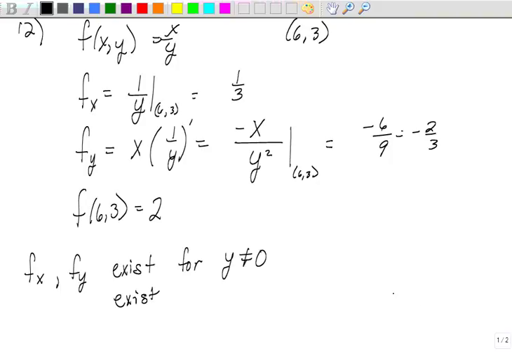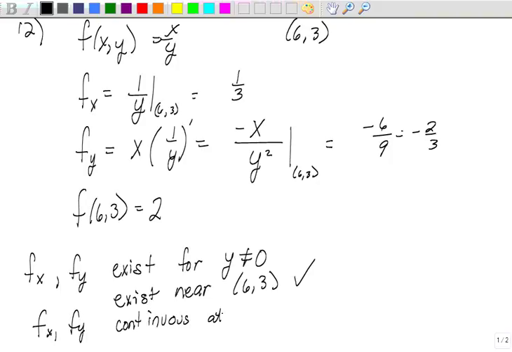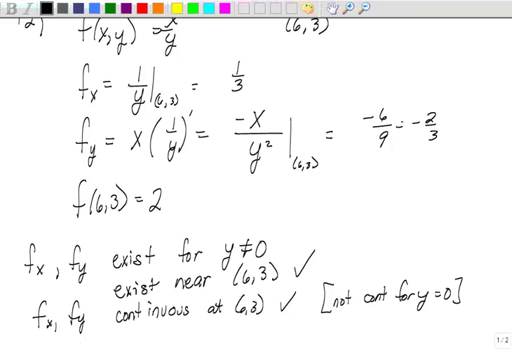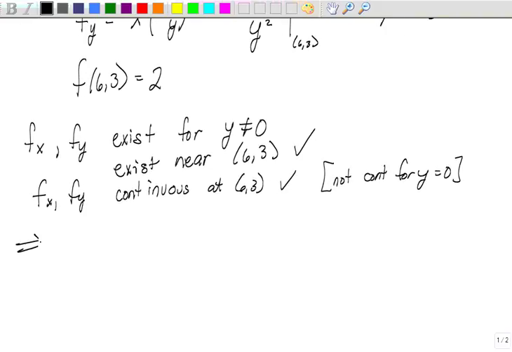They exist near 6, 3. That's good. And then we have to show that they're continuous. Well, they're continuous at 6, 3. They're just not continuous for y equals 0. So that's the only thing we have to worry about. So it satisfies those two conditions. That means our function is differentiable.